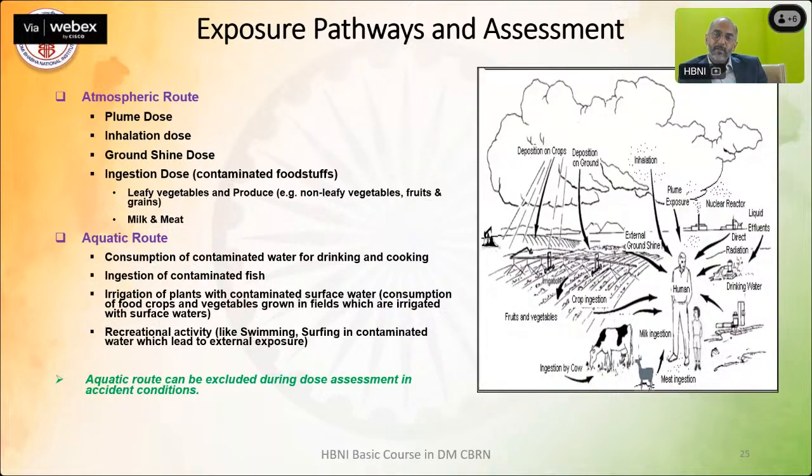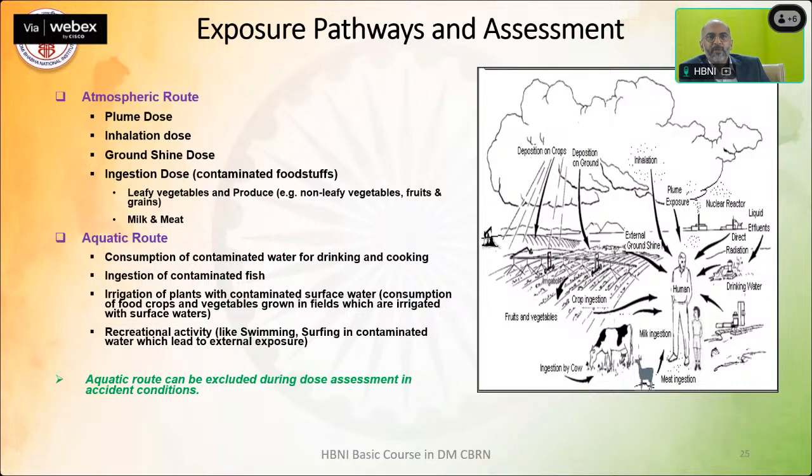We have seen the dispersion part. We need to also look at the assessment of exposures, where I'm just giving one example, the nuclear exposure pathway assessment, exposure assessment using different pathways for nuclear emergencies. You have an atmospheric route, which I briefly discussed in the first part of our course.